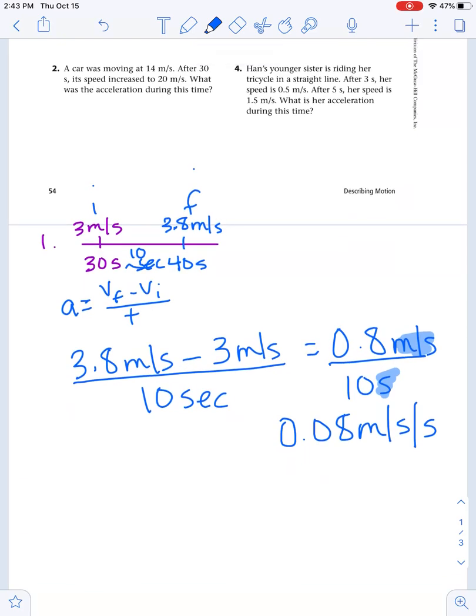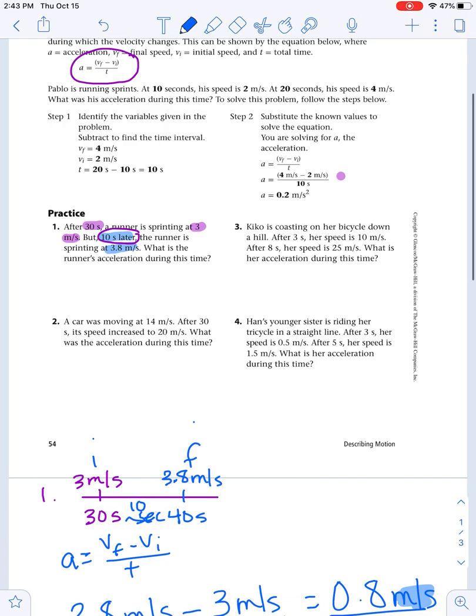This is not one of those examples where we get to cross off. So we also could write this as 0.08 meters per second squared, since there's two of them, okay? So my answer coming up here is 0.08 meters per second squared.